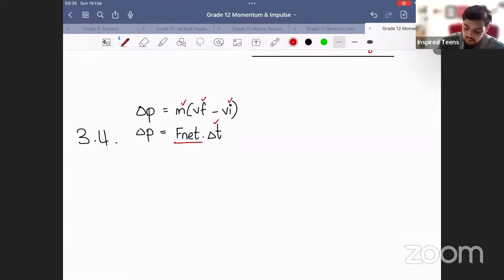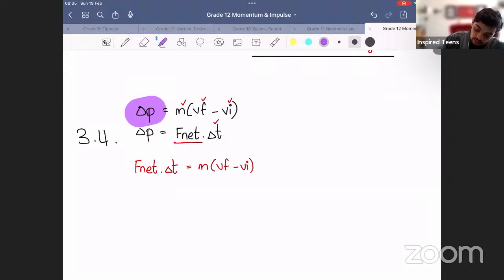We actually have the final and we have the initial. So this is where we combine the 2 formulas and say that F net times delta T is equal to M, V final minus V initial, because we didn't calculate impulse yet, but we do have M, V final and V initial. These two formulas can be combined because they're both equal to delta P.